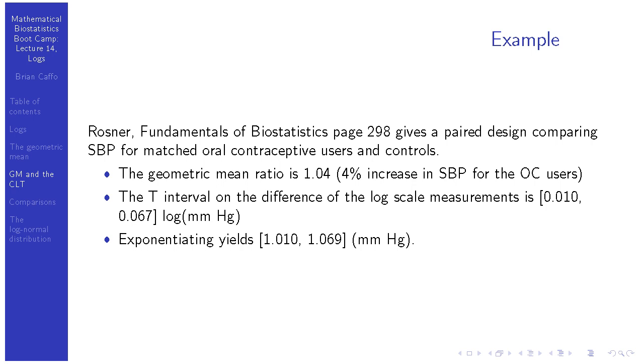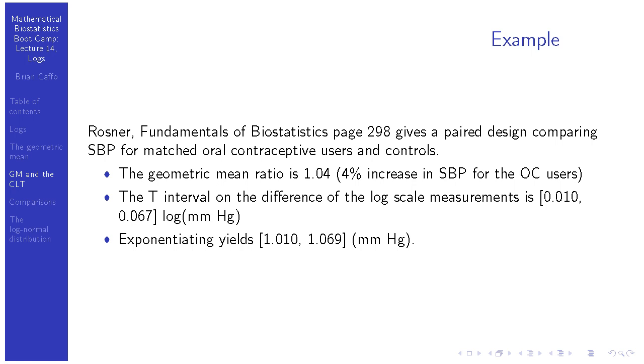Then we could just do an ordinary one sample t confidence interval for the log of the ratios, done matched pair by matched pair. In this case, the geometric mean of the ratios works out to be 1.04, which, given the order in which I was dividing, implies a 4% increase in systolic blood pressure for the oral contraceptive users.